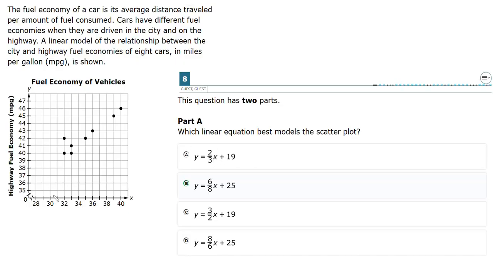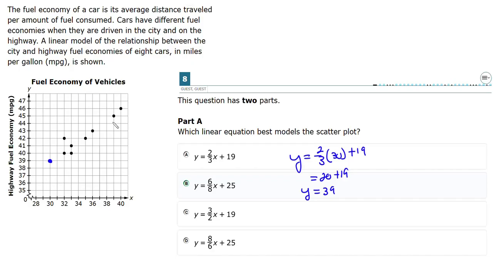So I'm going to pick 30 as my x value. So y equals 2/3 times 30 plus 19. 30 divided by 3 is 10, times 2 is 20, and 20 plus 19 is 39. So when x is 30, y is 39, and that's going to be this point right here.